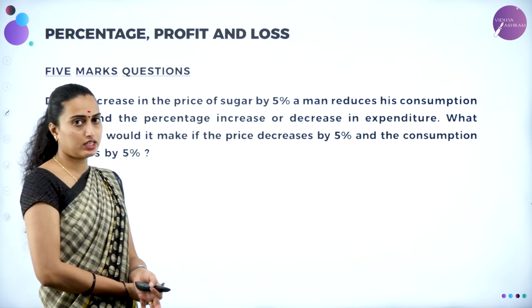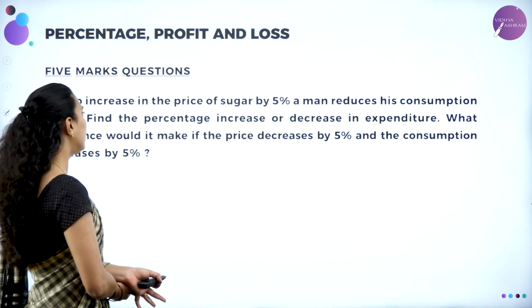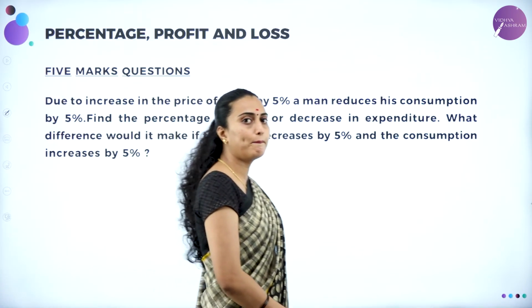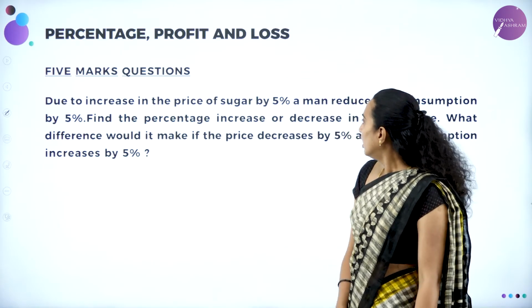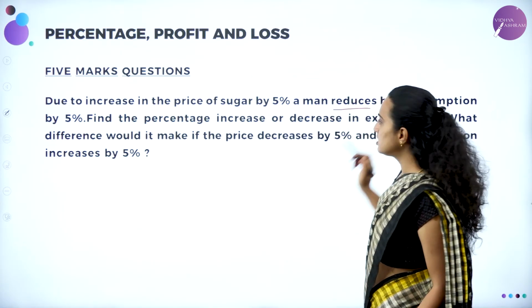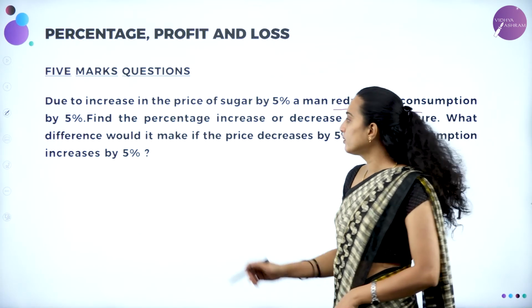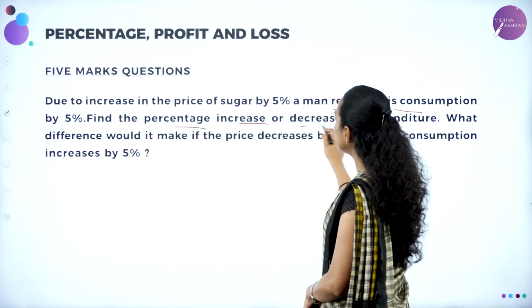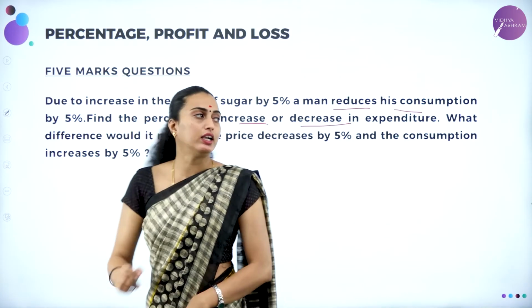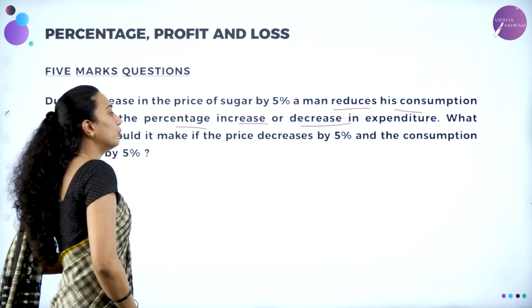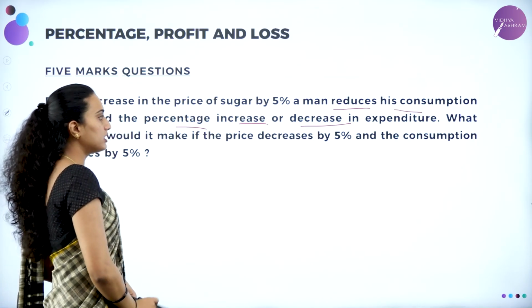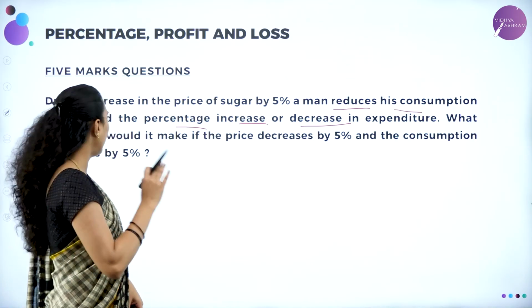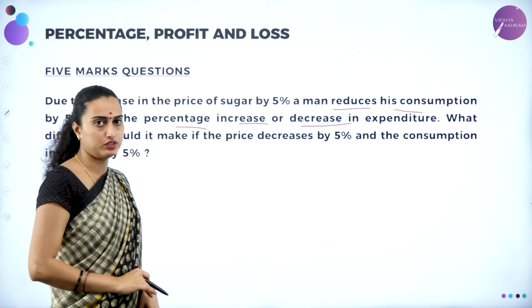The next question they have asked: due to an increase in the price of sugar by 5%, a man reduces his consumption by 5%. Find the percentage increase or decrease in the expenditure. What difference would it make? The price increases by 5% and the consumption decreases by 5%.